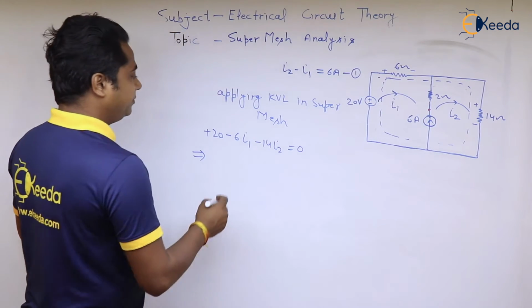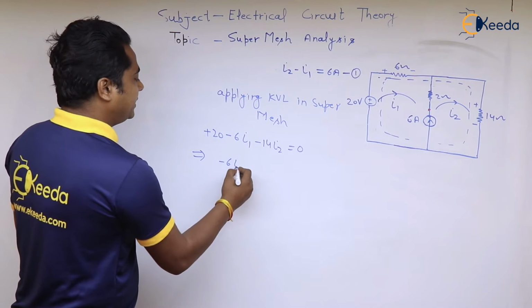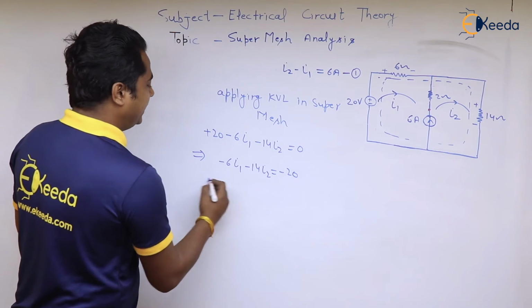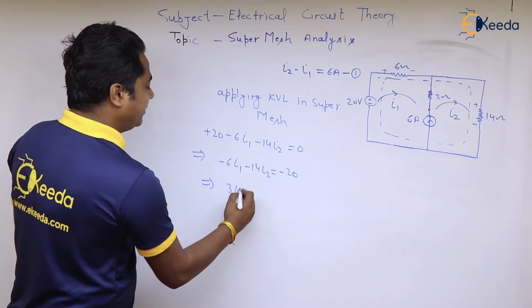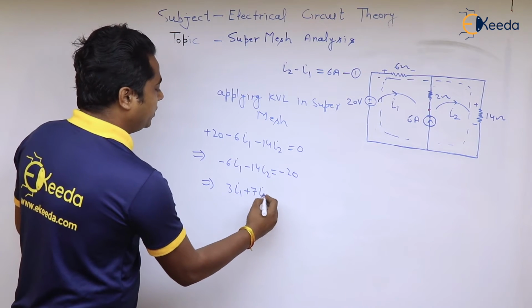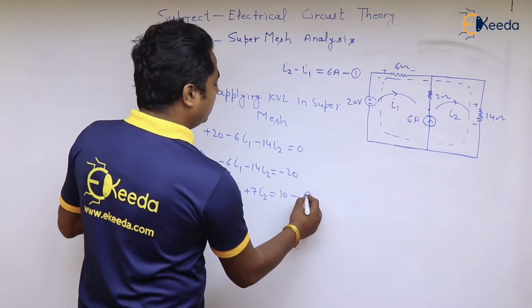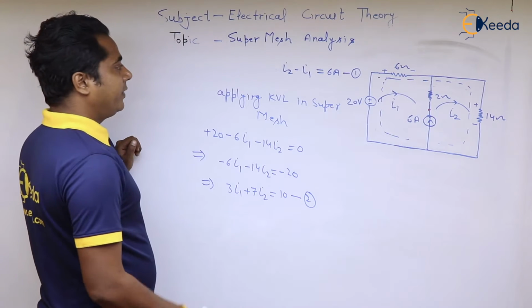We have minus 6 I1 minus 14 I2 is equal to minus 20, so 3 I1 plus 7 I2 is equal to 10. We have two equations and two unknowns. We can solve easily.